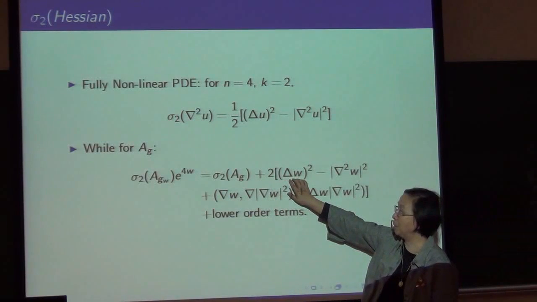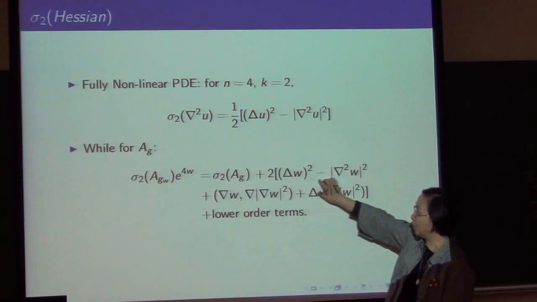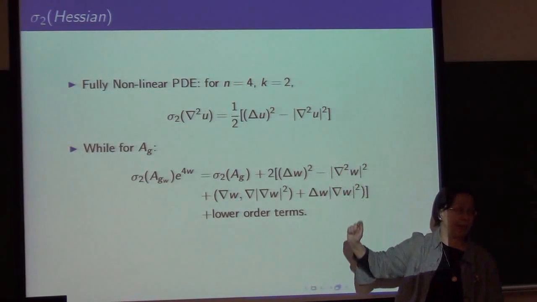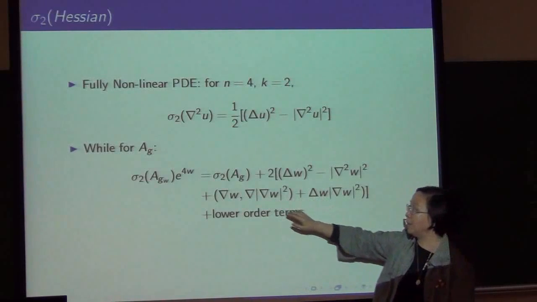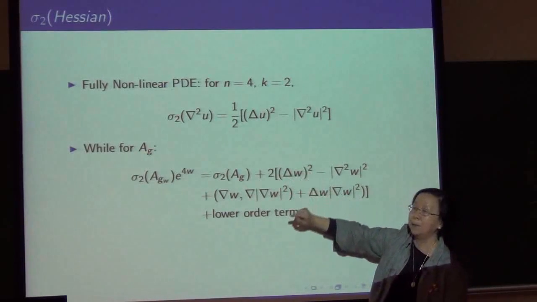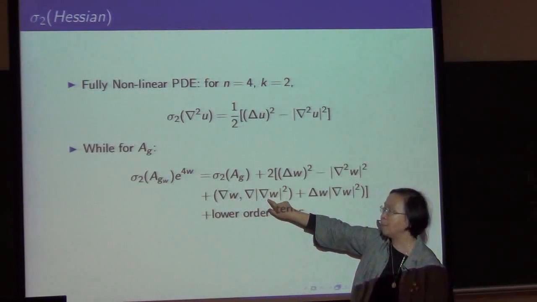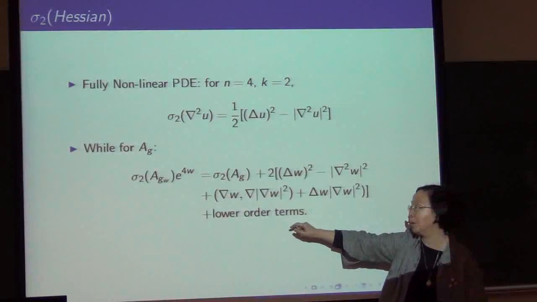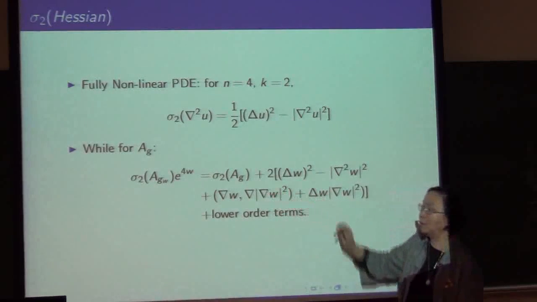We have the Hessian of w plus some lower order term. But the leading order term is almost like this sigma 2 of the Hessian of u. But we have some lower order perturbation term. And this is lower order in the sense that here we have second order squared, and here we have second order times first order. So think about it as less than the second order squared. So in some sense, this added term looks like a lower order term.